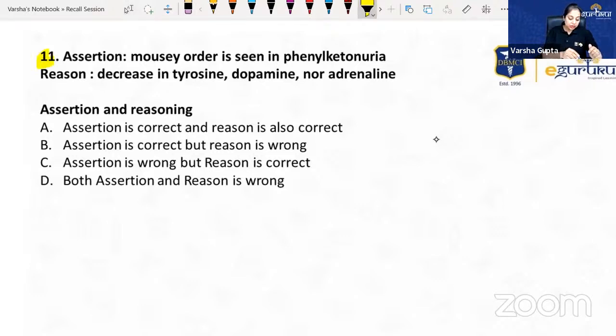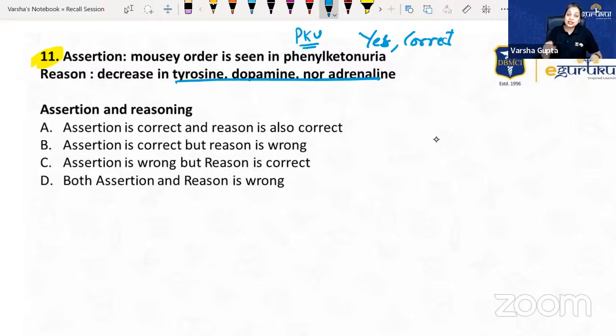Now, next question. There was this assertion-reason question. Assertion was the mousy odor is seen in PKU. Is that right? Yes, this is correct. And then the reason was there is a decrease in tyrosine, dopamine, and noradrenaline.